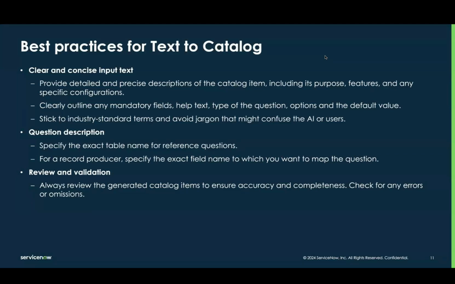Yes. Do you need any special roles for catalog generation? No, the usual catalog builder roles, that is the catalog builder editor role, should be sufficient to generate catalog items. Sounds good.